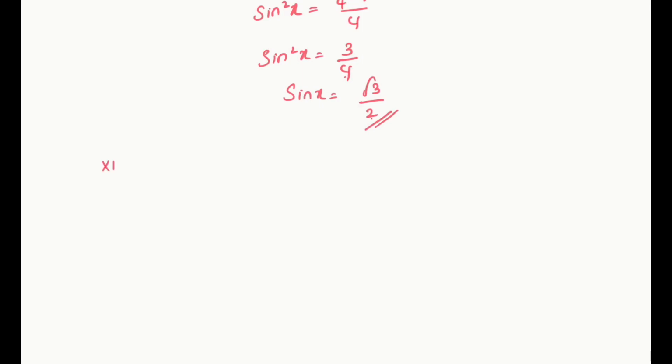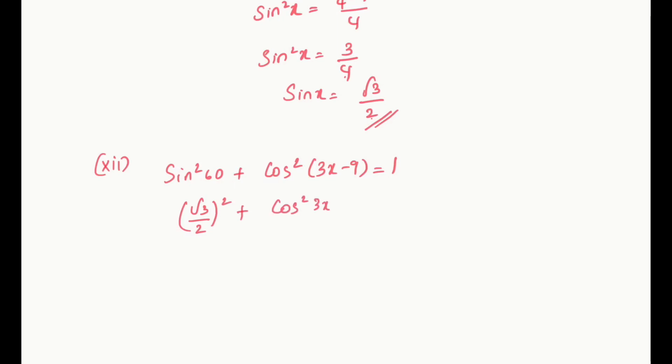Let me do the 12th question also from this main. Sin square 60 plus cos square 3x minus 9 equals to 1. Sin square 60 is root 3 by 2 whole square, plus cos square 3x minus 9 equals to 1. 3 by 4 plus cos square 3x minus 9 equals to 1.